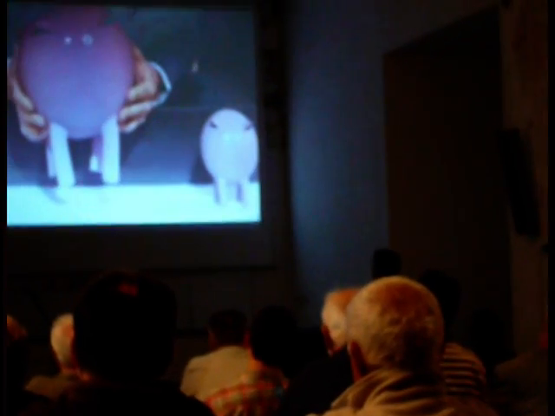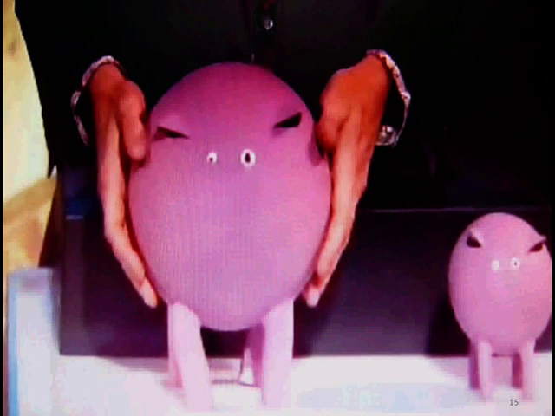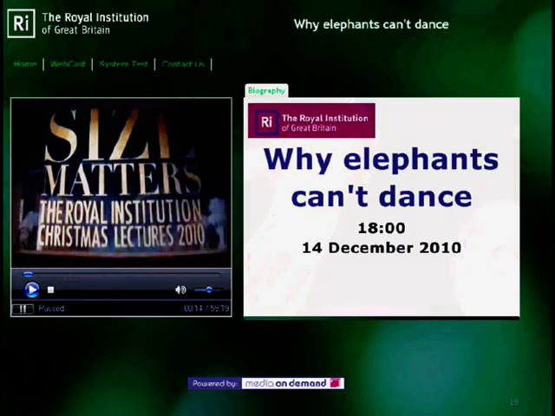The small animal can stand on its legs, but what will happen to the larger animal? The legs collapse because of the scale effect. This series of Royal Institute lectures on scale effects are well worth watching and are still available on their website.